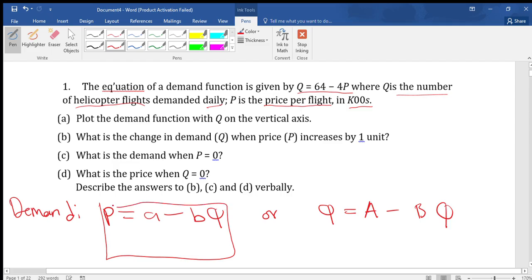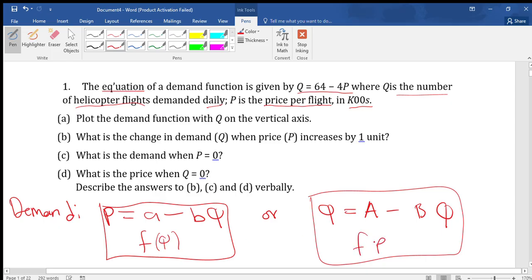In a situation whereby we have P as the subject, and in a situation whereby we have Q as the subject, the difference between these two is that this one is in the form of f of q, and this one is in the form of f of p.